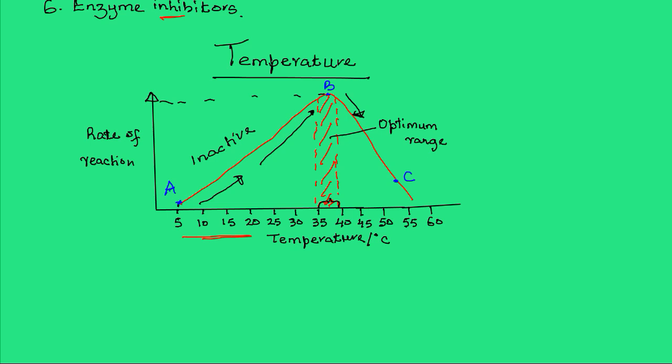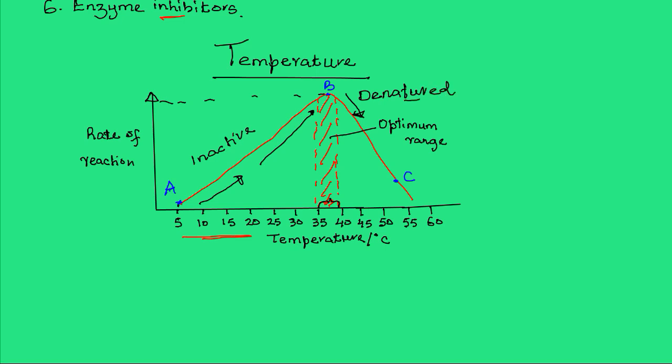Why does the rate of reaction decrease beyond the optimum temperature? It's because beyond the optimum range, enzymes, being protein, get denatured.